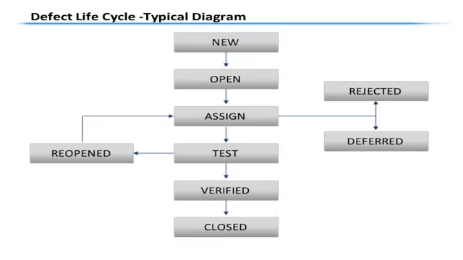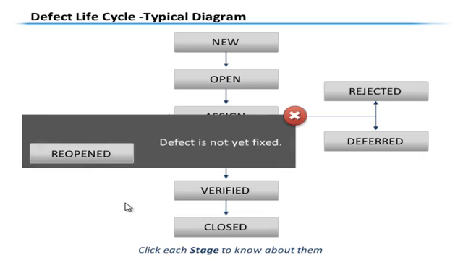The typical diagram of defect life cycle starts as a flowchart, starting as new when the defect was added. It ends as closed if the defect is fixed and rejected if the defect was entered due to a misunderstanding. Click each stage to learn more about them. Reopened. The defect is not yet fixed.